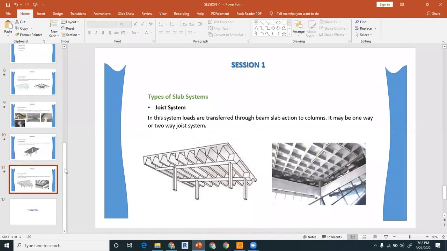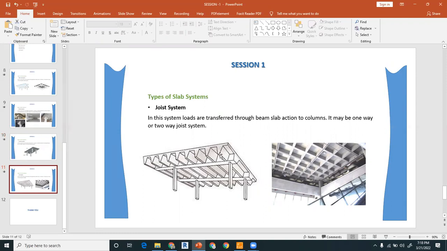The next, last and most important slab system is the joist system. In this system, the loads are also transferred by beam slab action to the columns, and it may be one-way or two-way, which I've already explained earlier. You can see these small beams; they are known as joists. They are also called ribs, right?